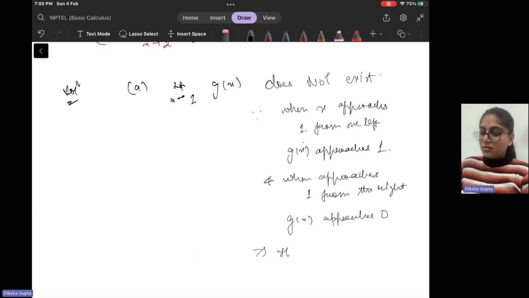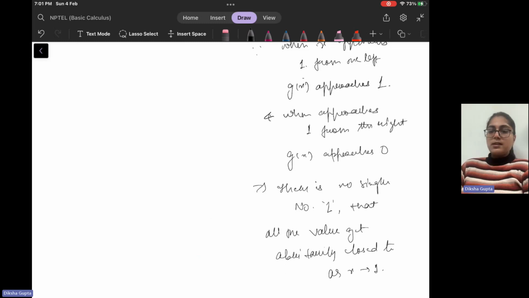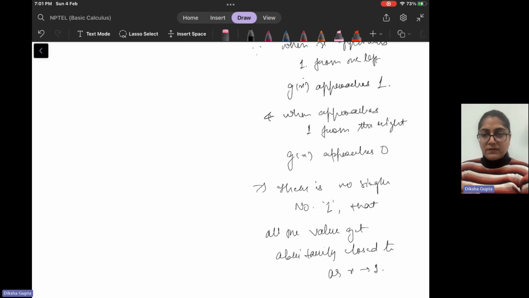This implies there is no single number L that all the values get arbitrarily close to as x tends to 1. There are two different numbers, so we say that the limit does not exist.